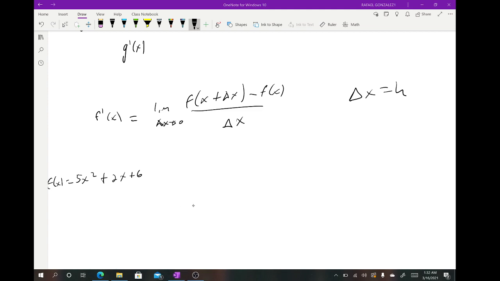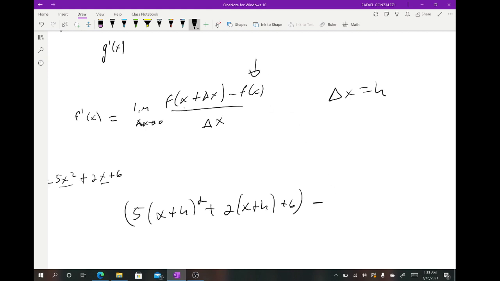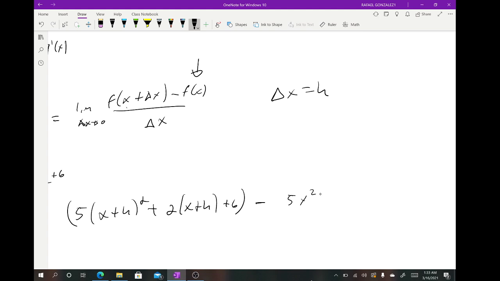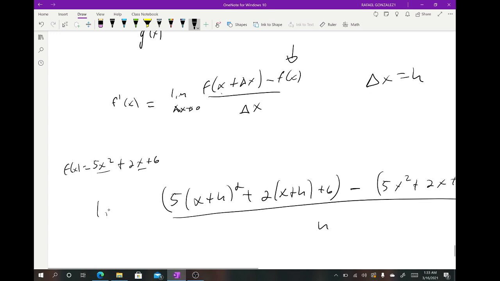Wherever I see an x, I'm going to put x plus h, or delta x. So I'm going to have 5 times x plus h squared plus 2 times x plus h plus 6 minus f of x, but f of x is just 5x squared plus 2x plus 6, divided by h, and limit as h goes to 0.